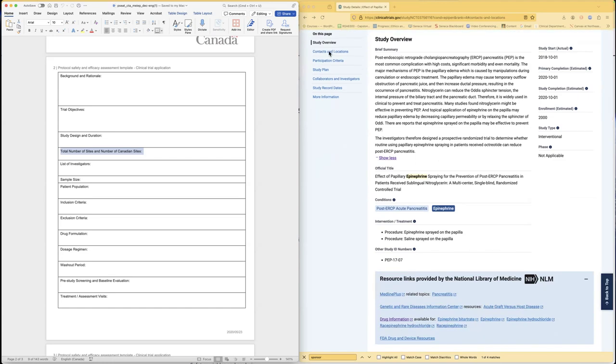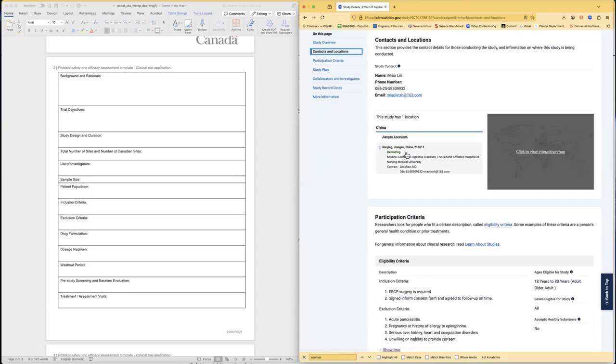For this, again, we go to the contacts and locations, and we're going to see that for this one, for example, there's only one study site, which is in China. Obviously, since I'm working on the PSEAT, this example is just for a Chinese study, but I have to also look into other sites.